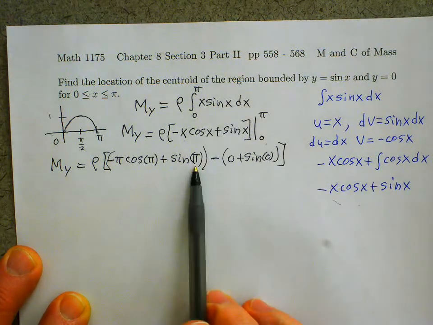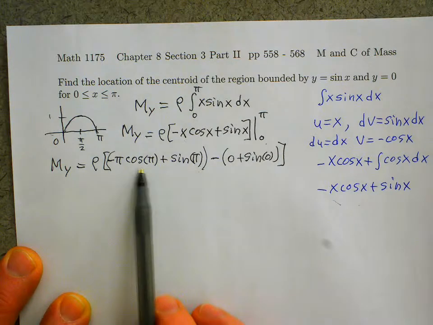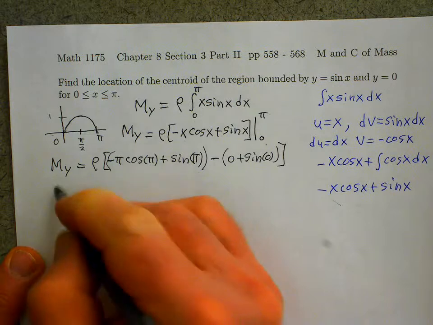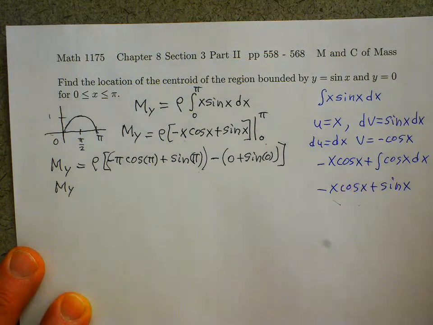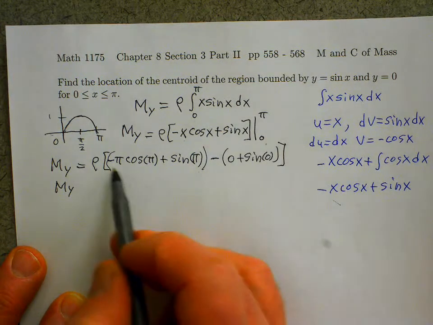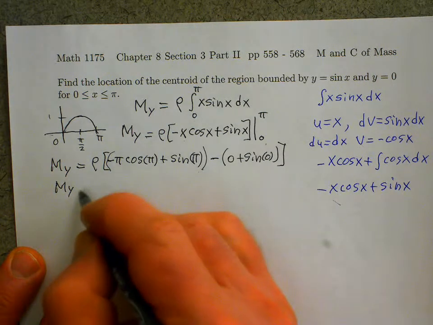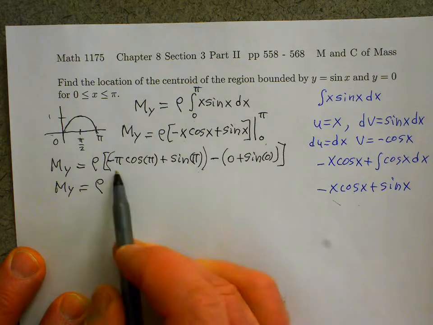Sine of pi is 0. Cosine of pi is negative 1, so the moment of the region about the y-axis is rho times pi.